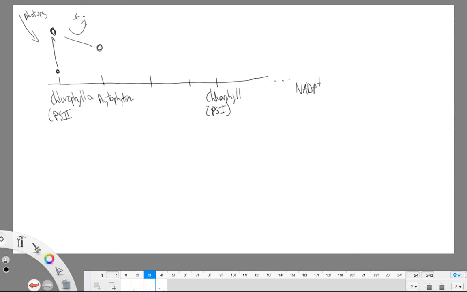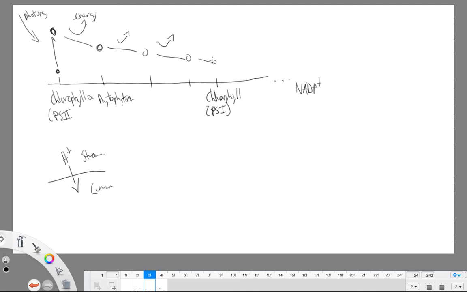But as it moves, it releases some energy, right? So some energy gets released. And in that process of energy getting released, it uses that energy to pump these hydrogen protons from the stroma into the lumen. So this electron is going to bounce from molecule to molecule, and each time it bounces, it's releasing more energy.